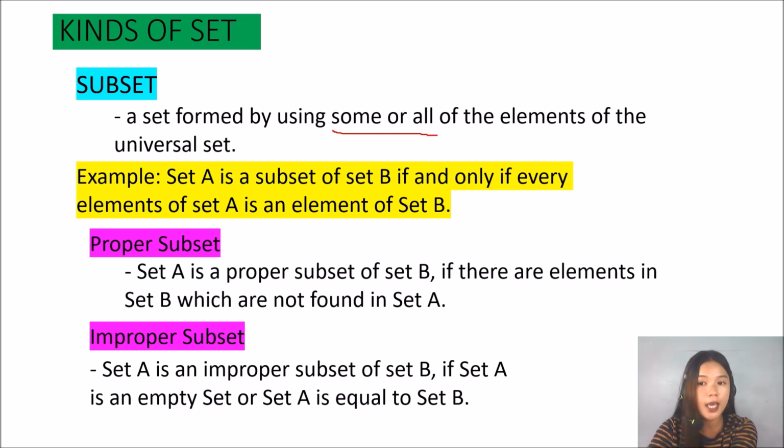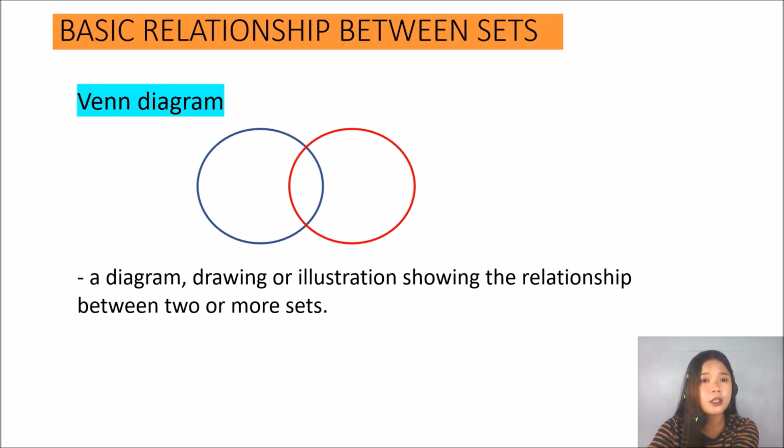Okay? Now we proceed to basic relationship between sets. As you can see here on our screen, we have the Venn diagram. At ang Venn diagram po ay may dalawang circle which intersect here. Nag-i-intersect po sila dito. Nagsasalubong po sila dito sa gitna. Ibig sabihin po, dito po yung element na wala dito sa kabila.